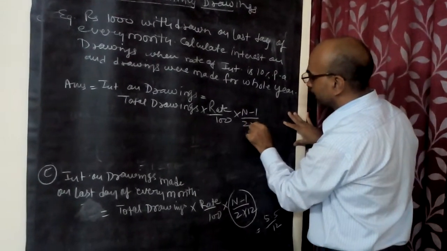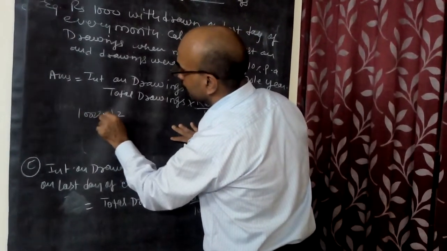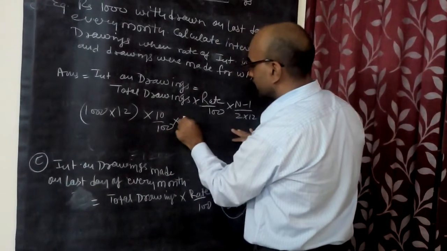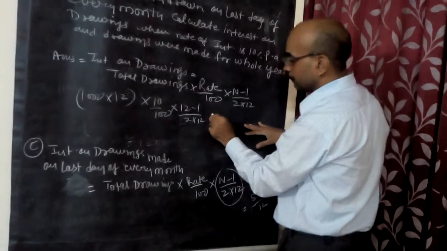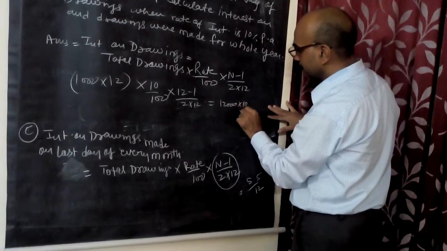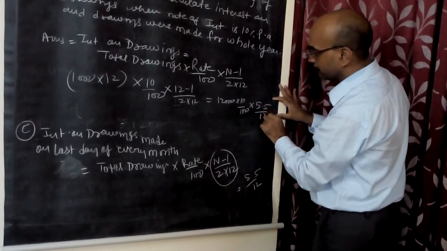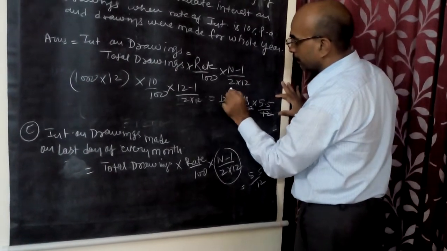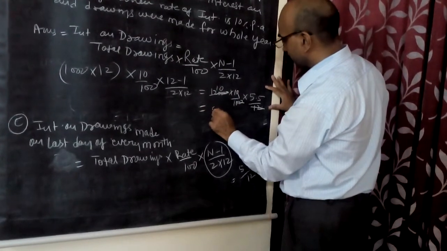Total drawings 1000 into 12, rate is 10%, and here it is 12 minus 1 divided by 2 into 12. It goes further: 12,000 into 10 upon 100 into 5.5 divided by 12. So that comes to 550 rupees. Correct? Just calculate it.